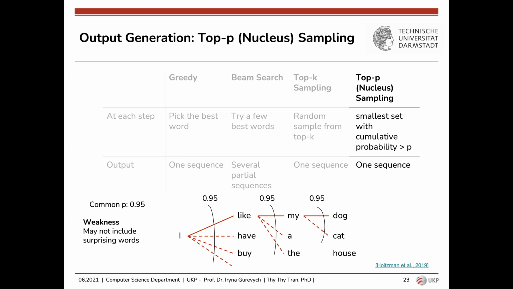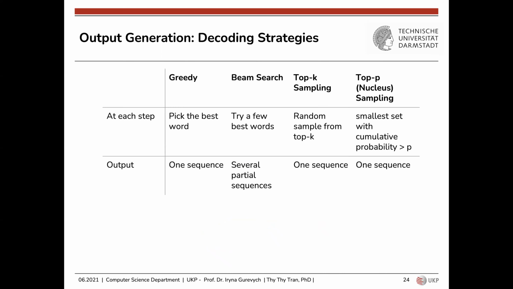Well, despite the dynamic set, top-P sampling still may not include surprising words in the candidate set. So in general, all these decoding strategies select tokens based on the predicted probability of the generation model.